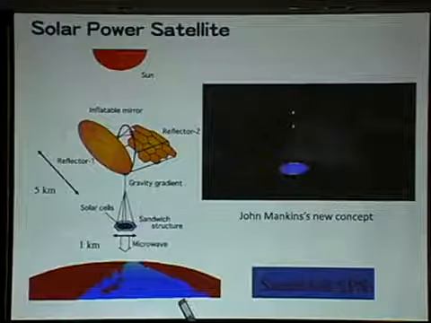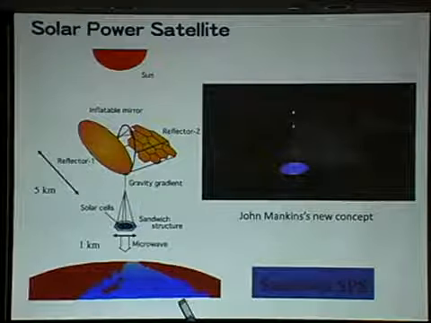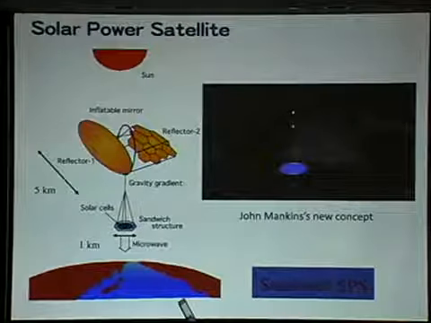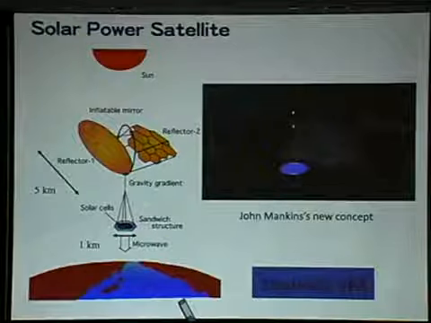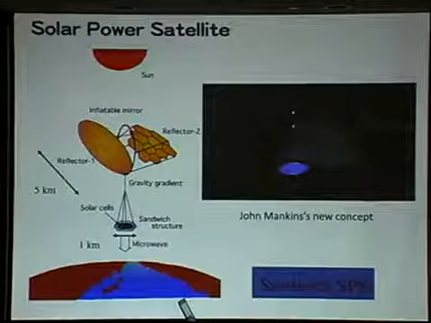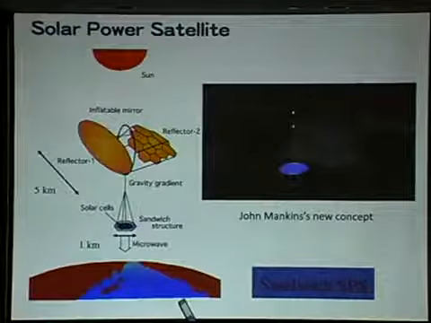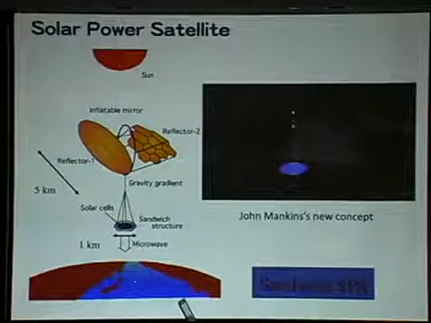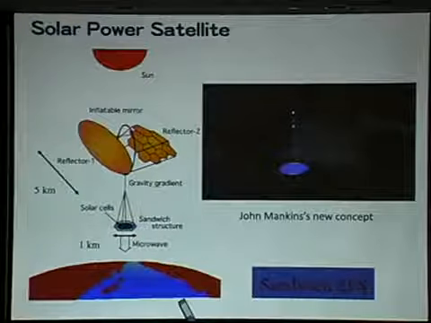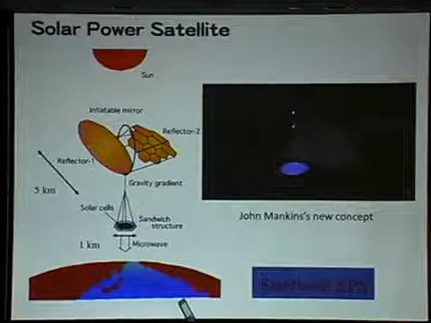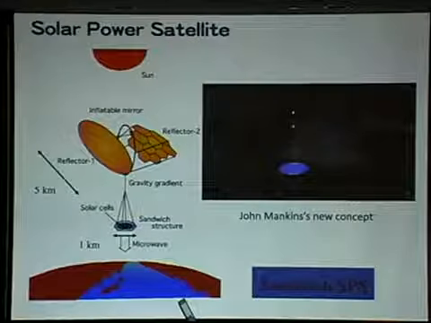We have to reduce the weight of the sandwich structure, so maybe the structure must be flexible. The microwave transmitter antenna may be moving, so we need some control system to control the output phase.